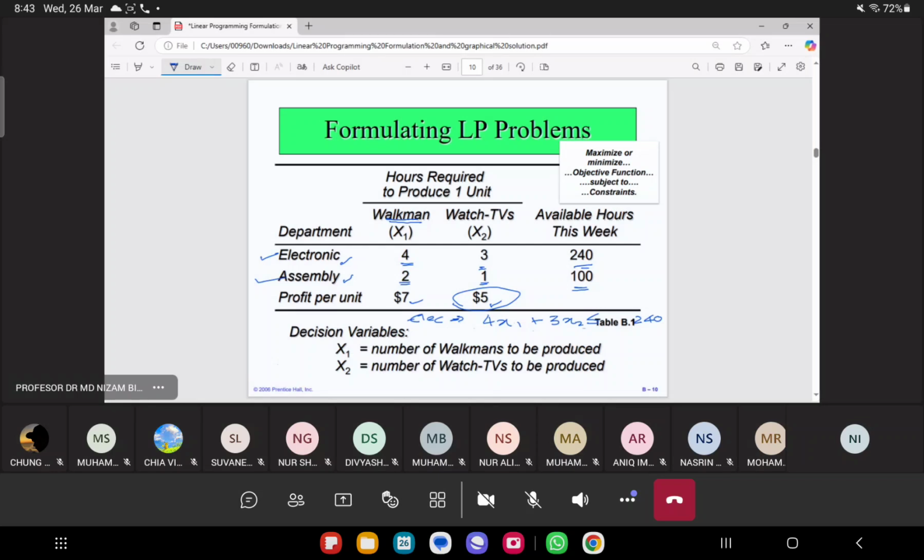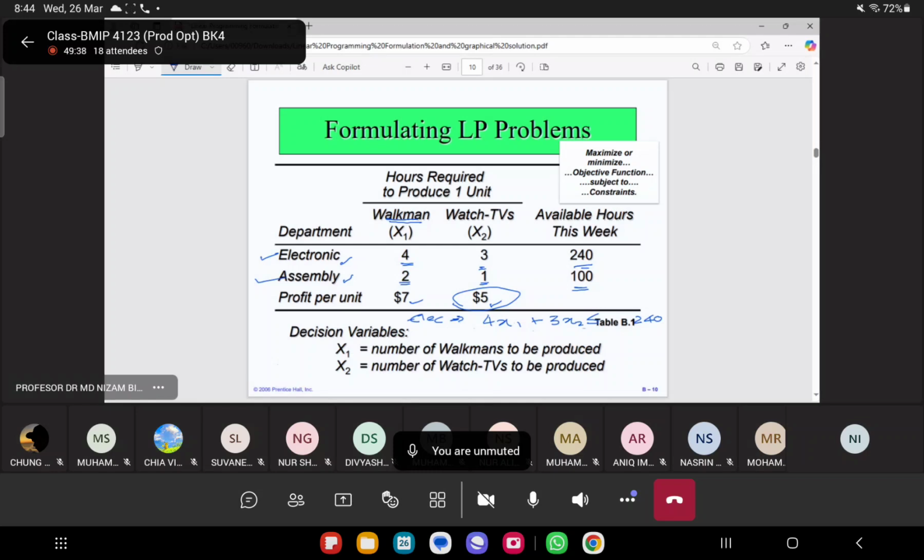So I can calculate the amount of time utilized for electronics as 4x1 plus 3x2, and this amount of time cannot exceed 240. So it must be less than or equal to 240. That's basically my first constraint. Any question?